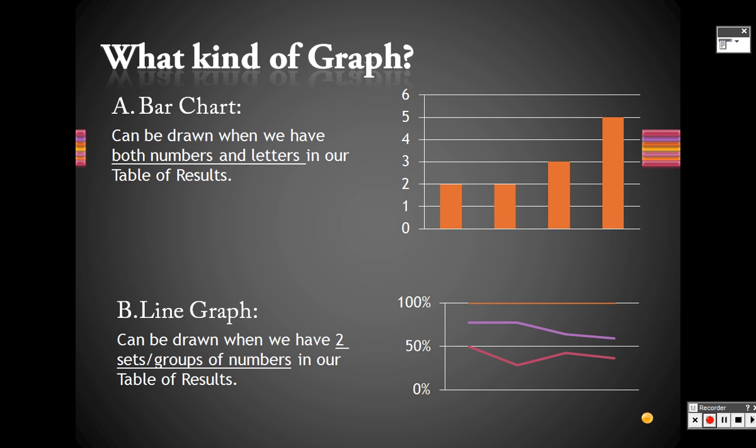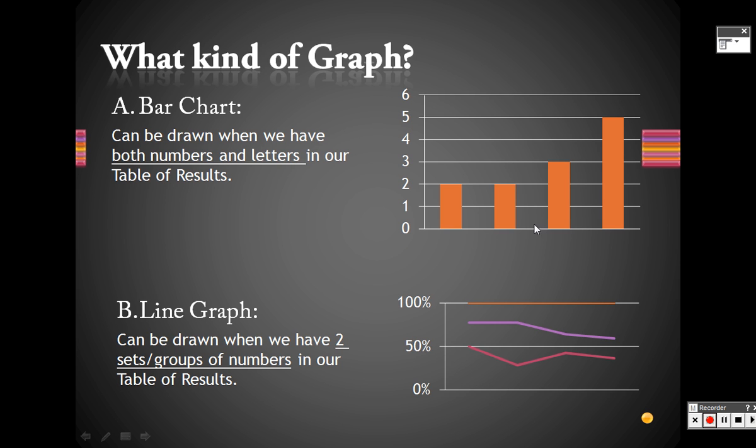What kind of graph? When we have a table of results, the information in our table of results can be presented in one of two ways. Either a bar chart, which looks something like this, or a line graph, which looks something like this. A bar chart can be drawn when we have both numbers and letters in our tables of results.